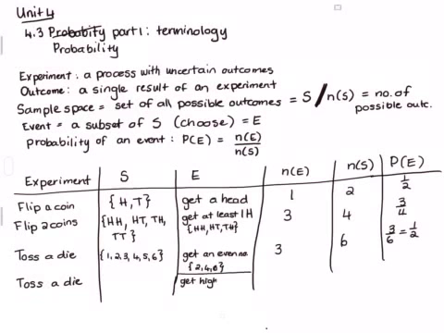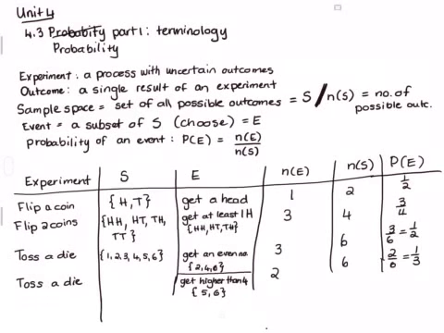Get a number that is higher than a 4. So what are the possibilities? I can have a 5 or I can have a 6. How many are there? 2, still 6. So 2 out of 6, which is 1/3.